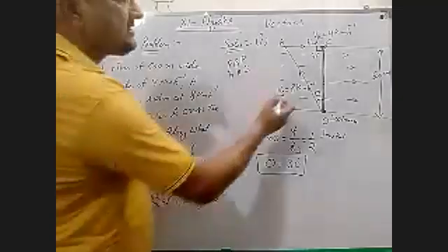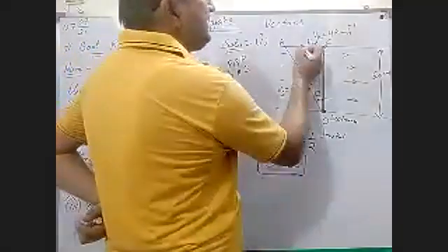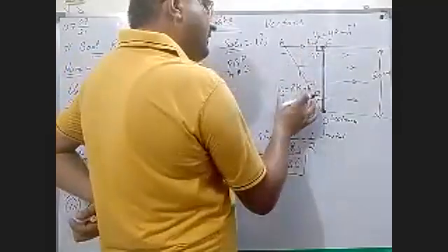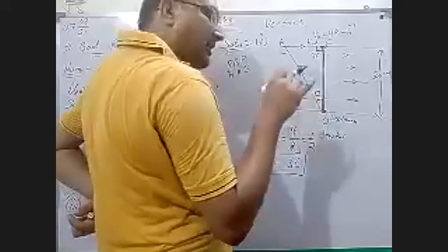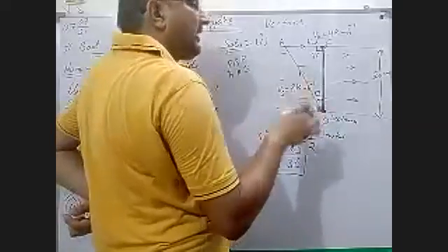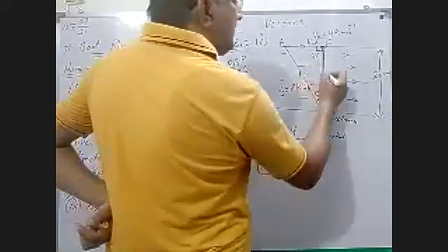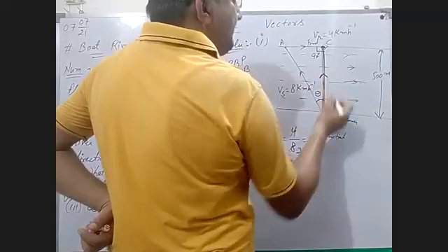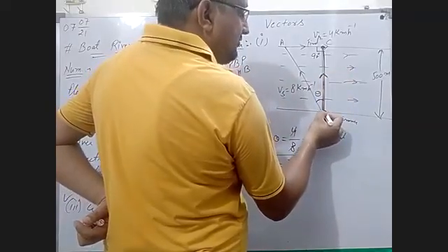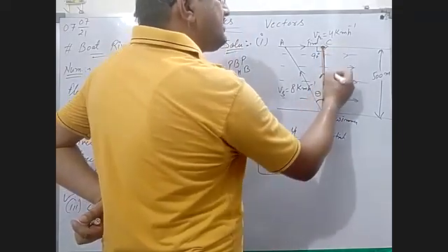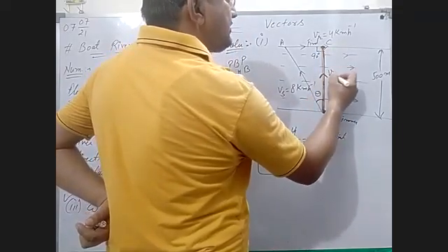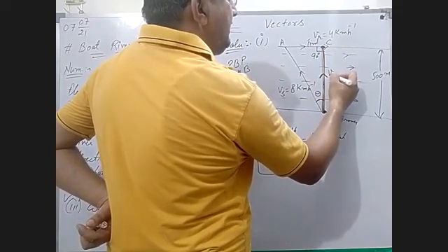Now this is the velocity of swimmer. This is the velocity of river. And you know very well, if there are two velocities on an object at a particular instant, then the resultant velocity is this. Because swimmer initial point is this and final is this. So this is the resultant velocity of swimmer, VRS.